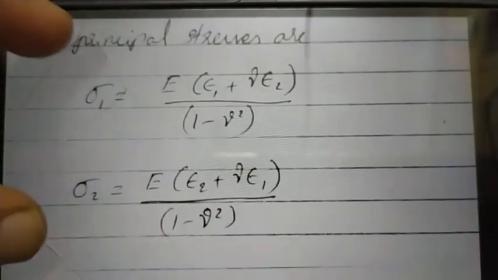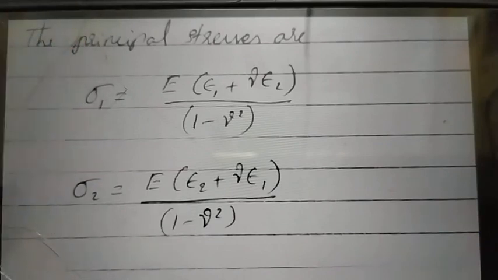Okay, so with that we have completed the types of rosettes. That is the 2 element rectangular rosette, 3 element rectangular rosette and delta rosette. So these are the 3 important rosettes. You have to understand how these expressions have come, since the stress value and strain value can be determined by these expressions.